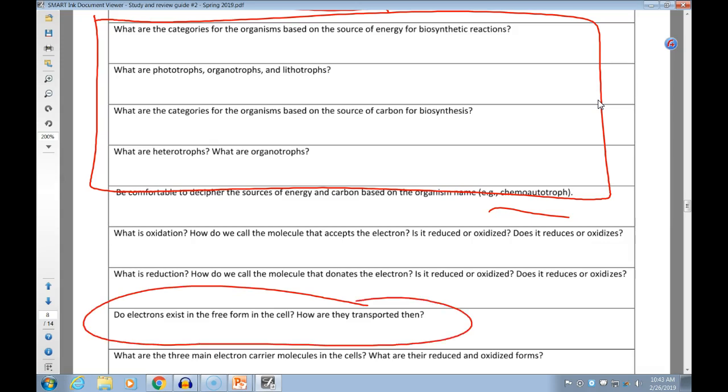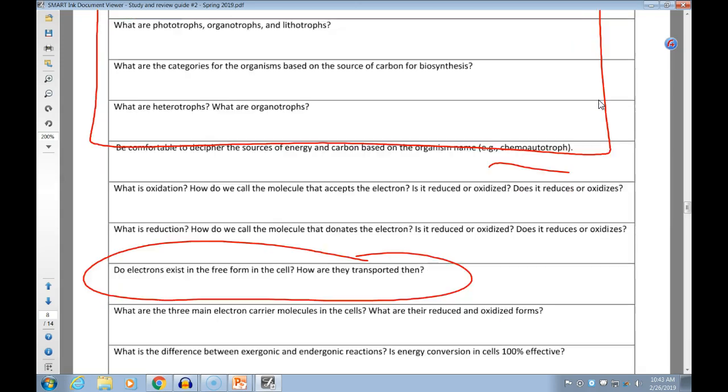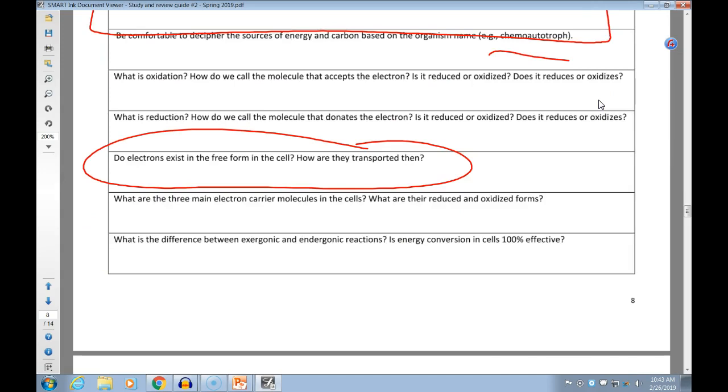So know the electron transporters, NADH and FADH2, and NADPH for plants. Know the reduced and oxidized forms. Remember, the reduced form always has more hydrogens. NADH is reduced, NAD is oxidized. FADH2 is reduced, FAD is oxidized. Am I clear?